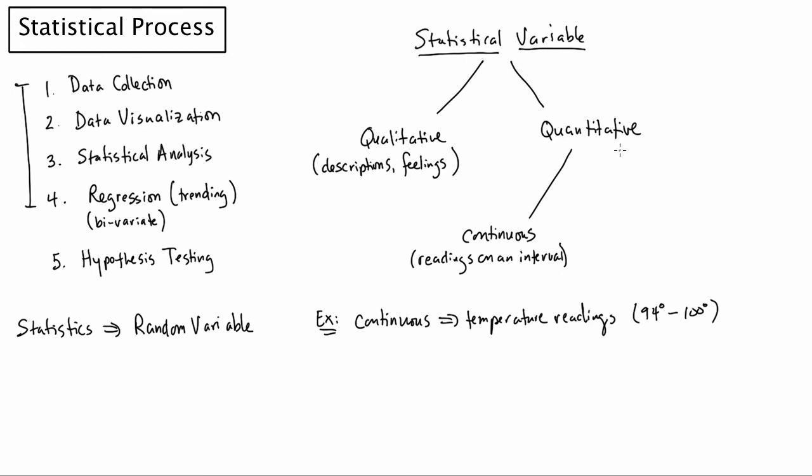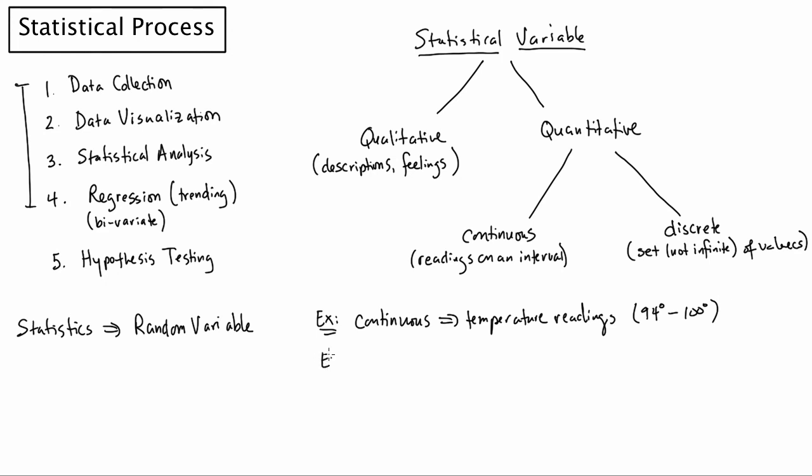The other type of quantitative variable is what's called a discrete random variable. And so a discrete random variable is where the readings come from a set, and the set is not infinite, of values.